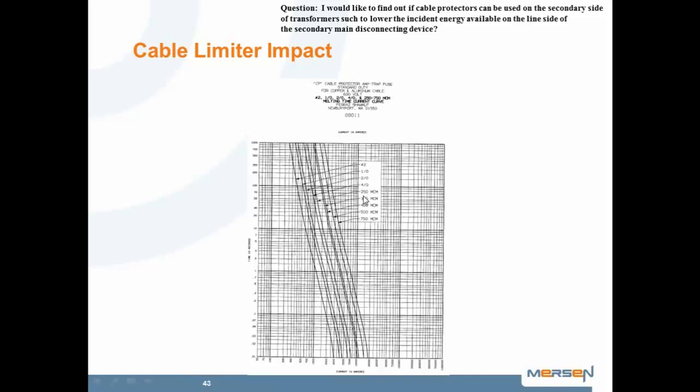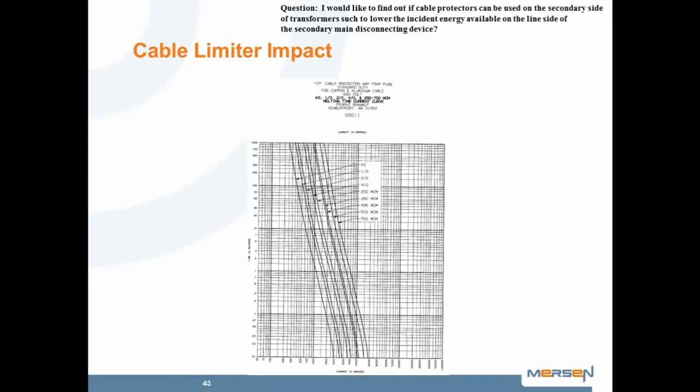If we consider a 250 MCM cable protector, and if it's 1500 amps arc fault current, not available fault current, but arc current going through it, it will be 10 seconds.